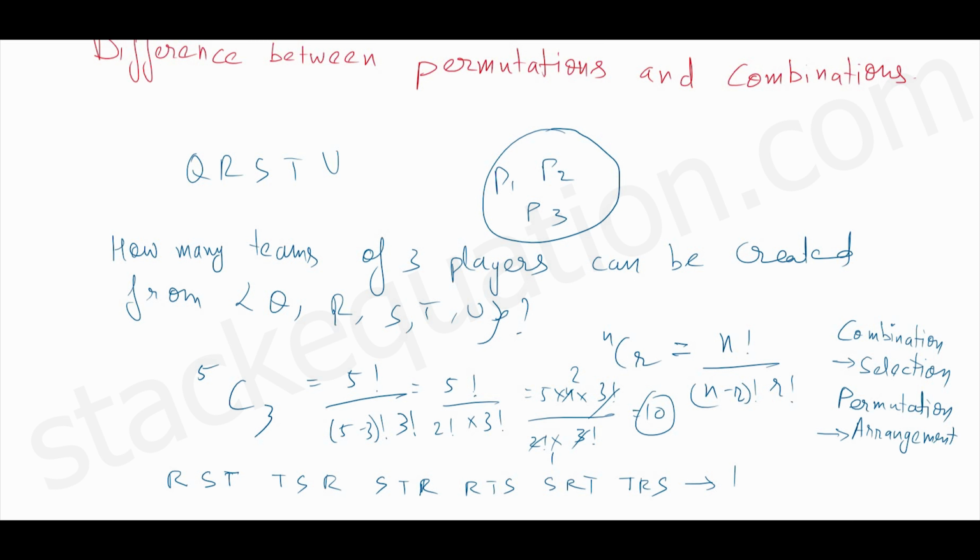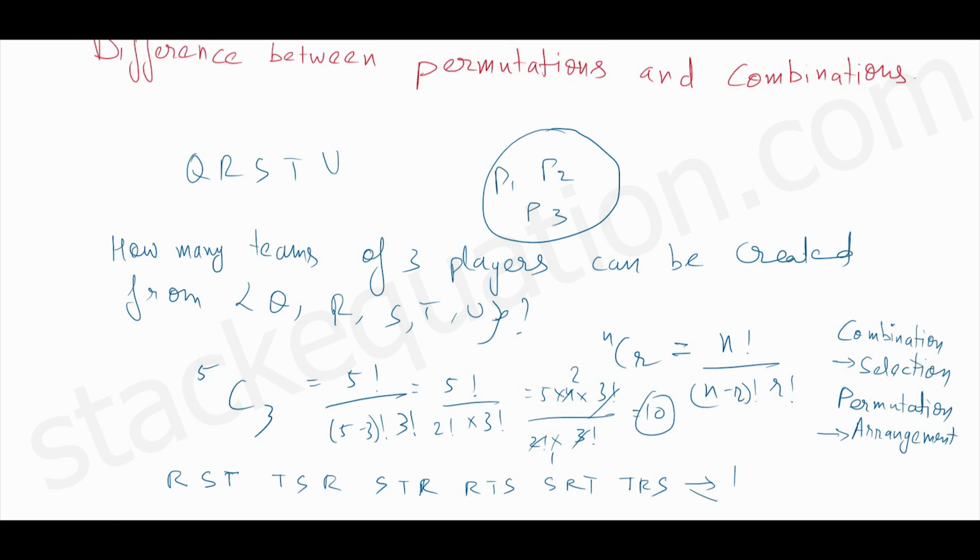So once R, S, and T are selected, within RST also six arrangements are possible, right? So for combination, all of these 6 is the same. It won't count all of this as 6. It will count all of them as 1 only.